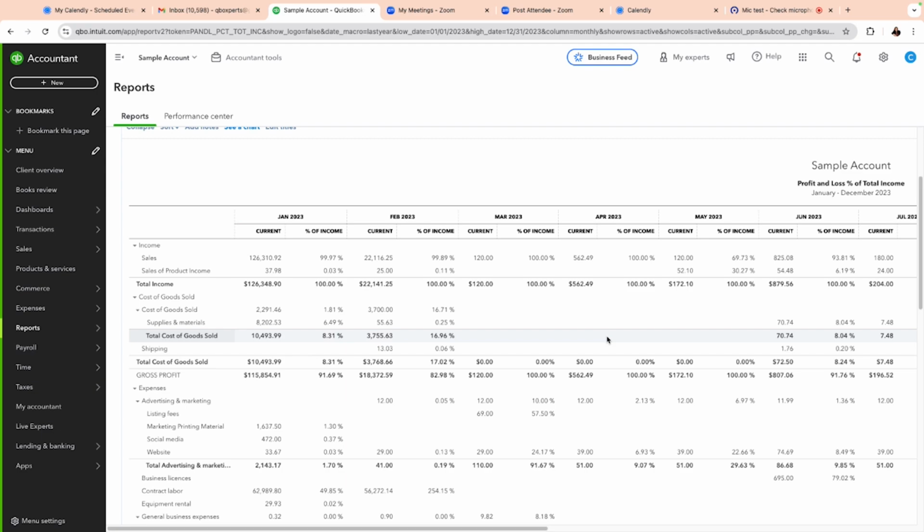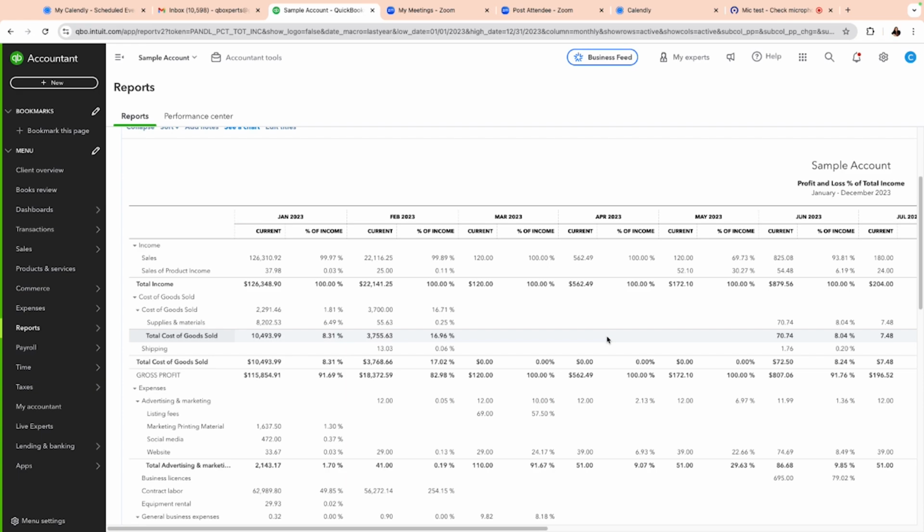Now, if you categorize your inventory as cost of goods sold at first, you may have a skewed report. It means that when you're actually buying your supplies, you may see a big expense in one month, and maybe you're buying for two or three months. What you want to do with that is spread that equally through the months.